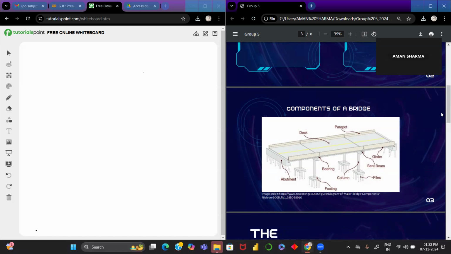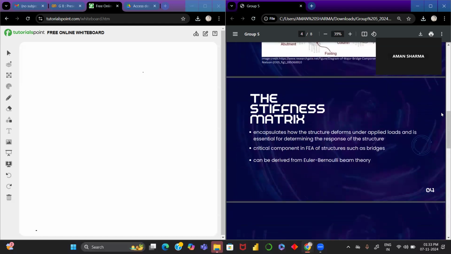A stiffness matrix tells us the resistance of a structure or a material towards deformation under applied forces. It is a critical component in FEA of structures such as bridges. For a structure like a beam, the Euler-Bernoulli theorem can be used to derive the stiffness matrix.